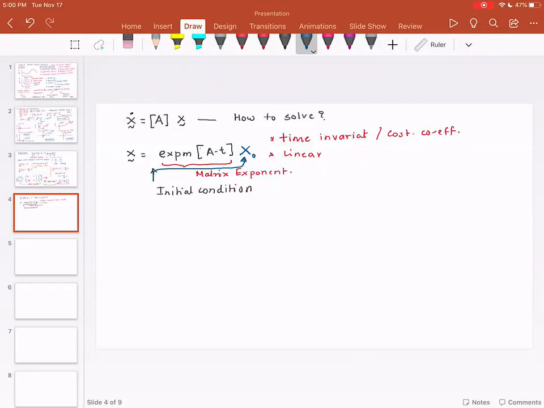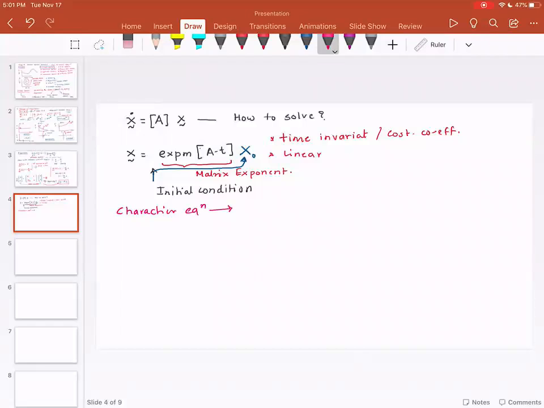Now, here comes the concept of eigenvalues. Eigenvalues actually show us the characteristics of the matrix. That's why, if you look at the eigenvalues, they are determined from the characteristic equation.